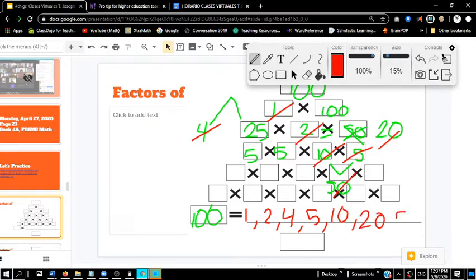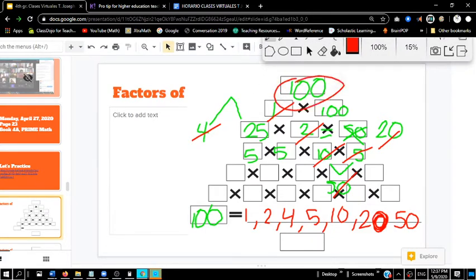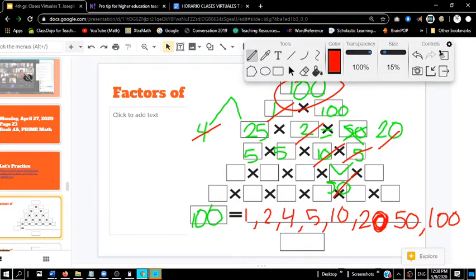Did I miss any of them? Missing itself, 100. Okay, so we can use this tool to help us find the factors. It's a little bit quicker because we break them out into easier steps, but this helps you with factors. So that's just a little bit of review so that you know how to factor.